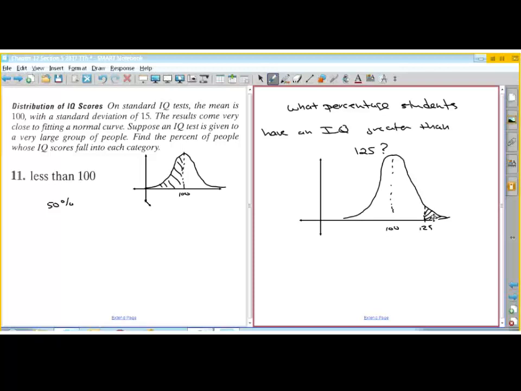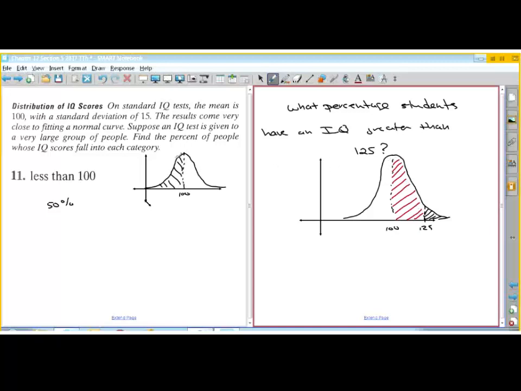So that's the area underneath this little tail part. So when you're doing tails, whether on the lower side or the upper side, you always subtract a value from 0.5, because the table gives us the area underneath the curve from the mean to some z-score. So that's what the table is going to give us.